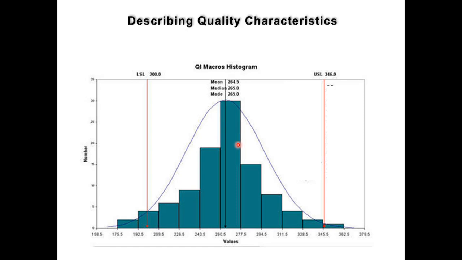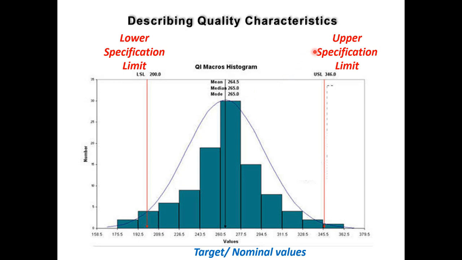For a normal distribution, you're going to have a mean value which lies in the middle of your normal distribution, and the value of the mean is also very similar to the value of the mode and also the median. So these are the lower and upper specification limits, and the target or nominal value is actually the mean value.